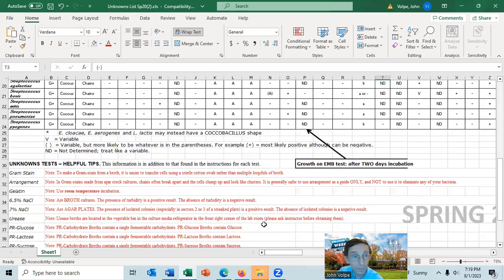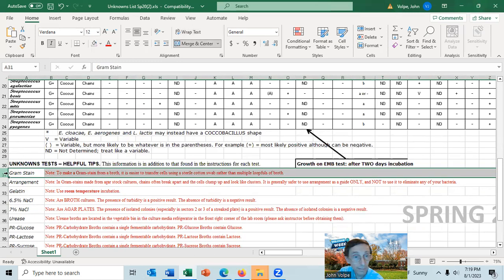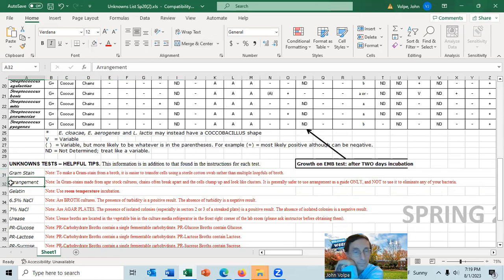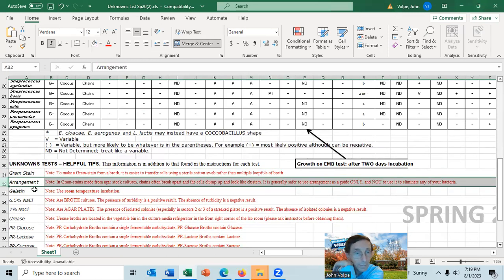There's a few other things you should look at here, like it tells you about the different tests. It doesn't say it there. Okay. Oh, here it is right here. The cellular arrangement in the gram stain made from an agar stock culture, the cells can break apart.